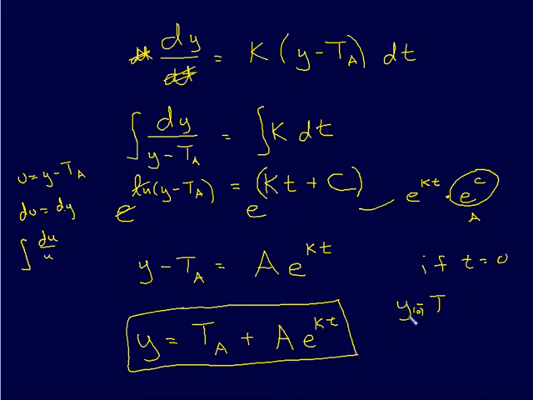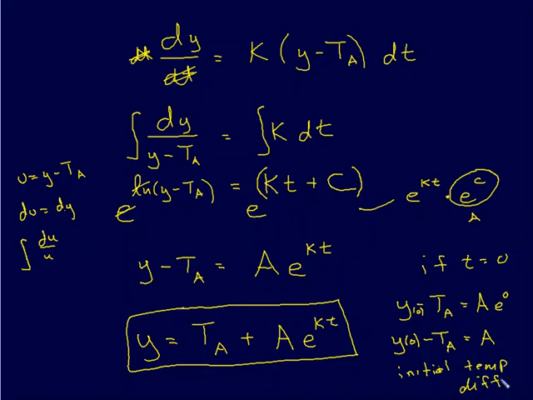The initial temperature of the object minus the air temperature. And here you'd have A times e to the 0, and e to the 0 is 1. So what this tells you is that the constant A in our function is really the initial temperature difference, right? So it's the starting temperature of the object subtracted by the air temperature. So capital A is the initial temperature difference.